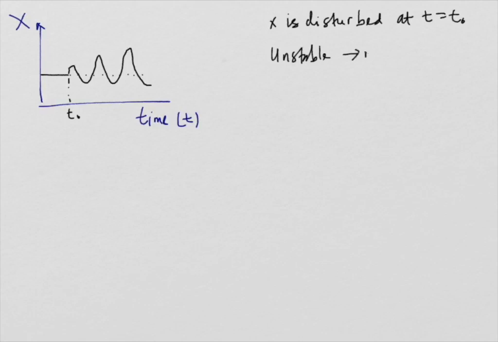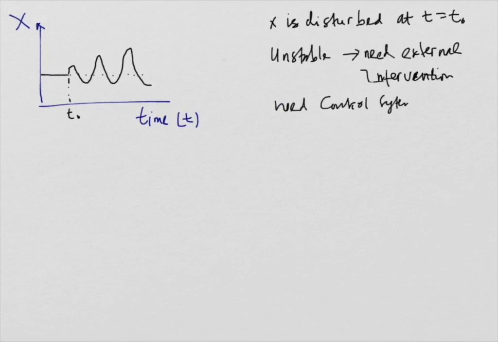So the system is unstable and needs external intervention. So I can say for this system, we need a control system, or we need the controller.